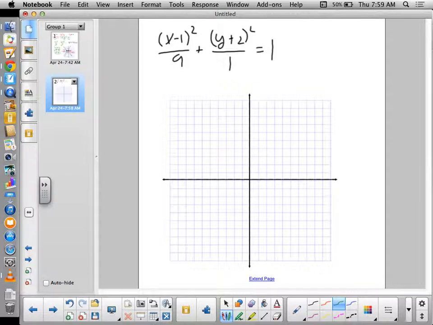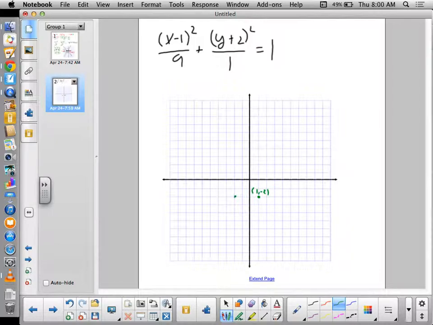So the center of this is at (1, -2). The major axis is horizontal and 3 units each way.